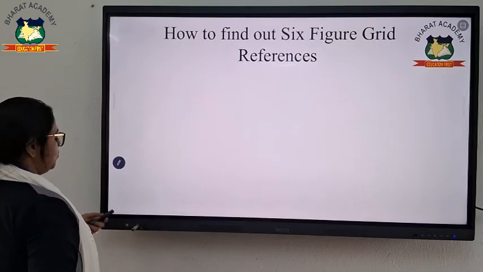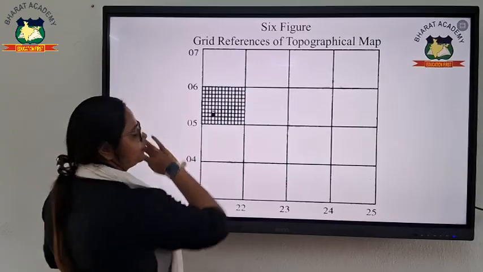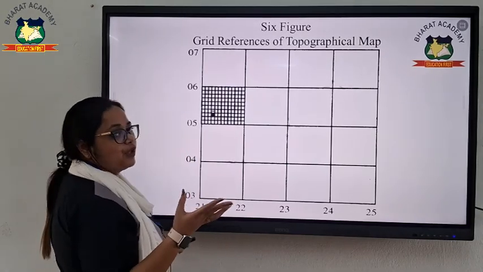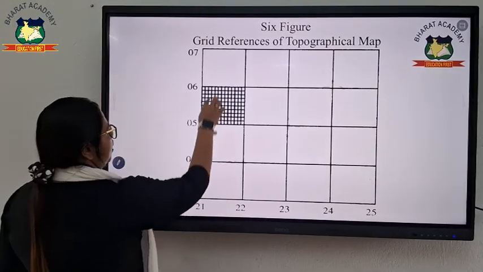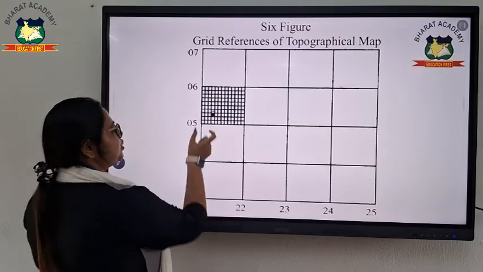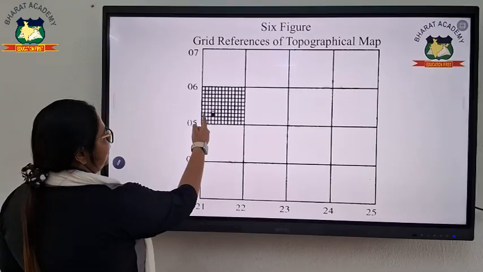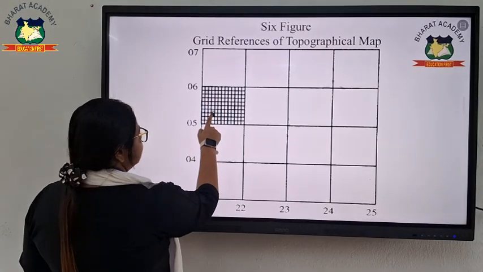I am moving back to my previous slide. I have written the 4 figure of this grid. Now the next step you need to understand minutely. First I need to count. You can see the smaller numbers. These are the subdivisions we have made. We can use a scale for that also. We need to count how many strikes there are up to this point.